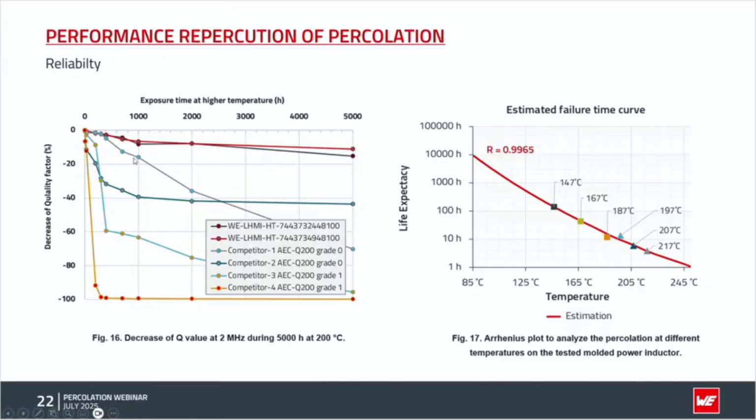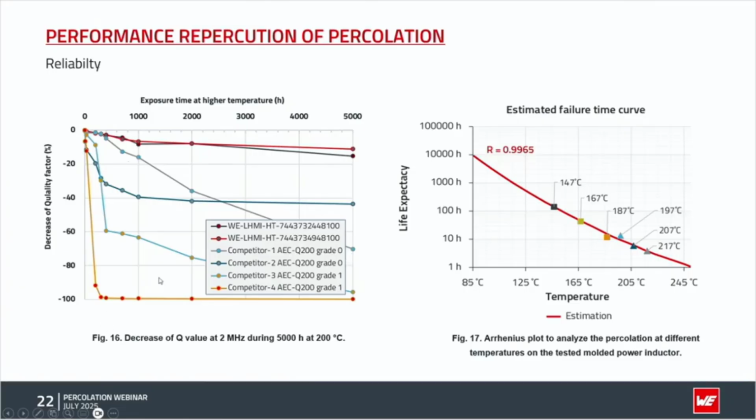We go further. So you can see in my application that we only show results until 1,000. Now we go until 5,000 hours to see how our parts perform and how competitors' parts perform. You can see, for example, here this was a competitor that we said, okay, it's very close to us, but at one point they go down dramatically.